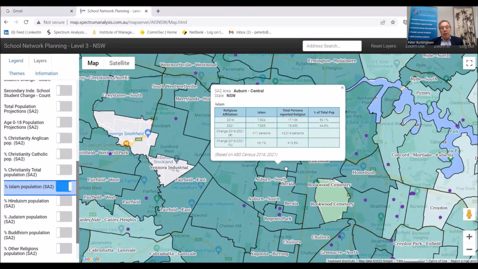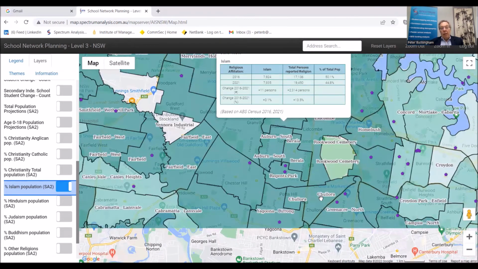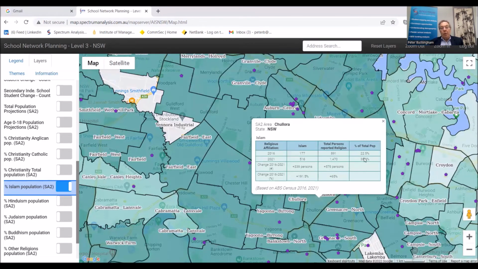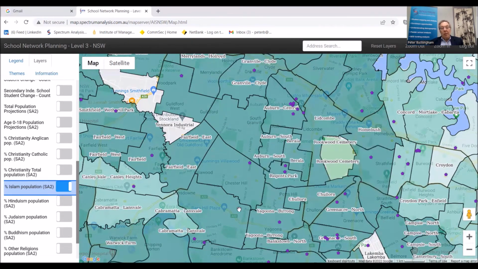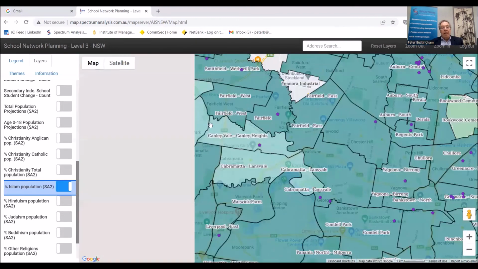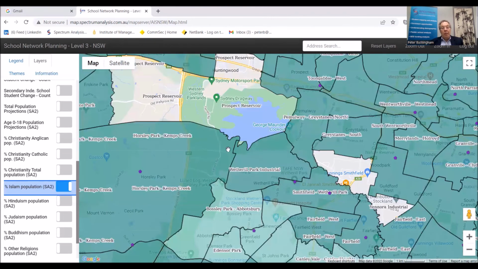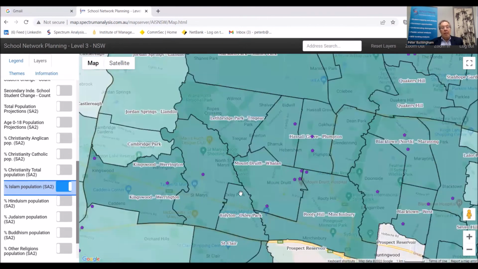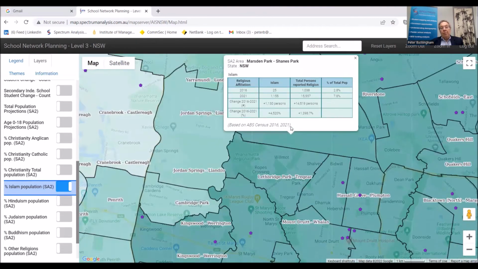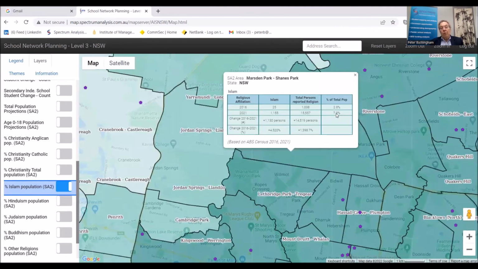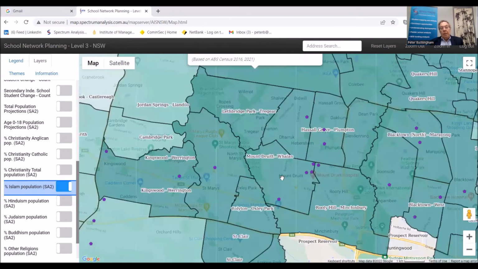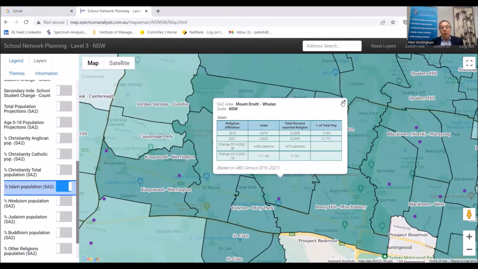But it's actually gone down a little bit. Looking at other areas, again, 23%, 25%, 30% quite common in these areas. And in a lot of these high growth ones, head back up towards Marsden Park. Oh, it's only 2. Now it's at 7% Islamic. So you get a feel of what these areas are doing.